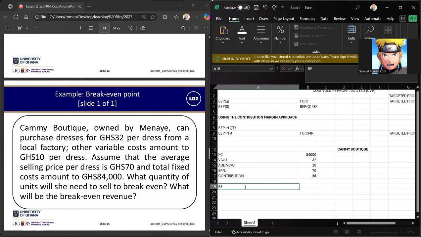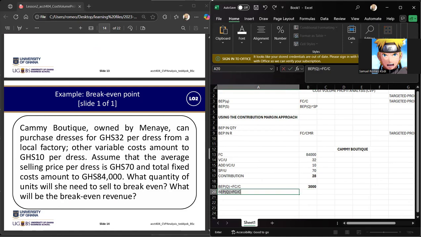So our break-even point in quantity equals fixed cost divided by contribution. Our fixed cost here is 84,000, divided by our contribution of 28, giving us 3,000.